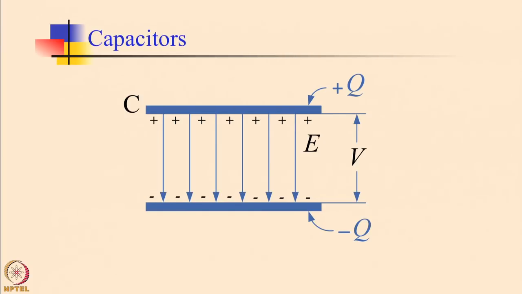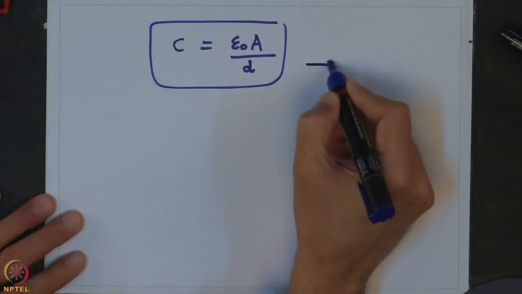Now these are two parallel plates carrying a charge plus Q and minus Q, and there is an electric field E which goes from the positive side to the negative side, and there is a potential between the two given by V. If the dimensions D, the distance between the two plates, and A, the surface area of these plates, are known, then the capacitance is given by C equal to epsilon naught A by D.